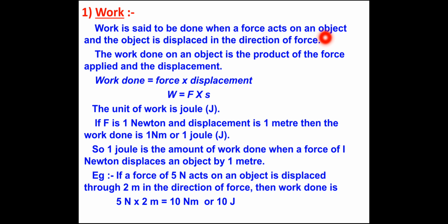Suppose you kick a ball, then force is applied on the object. Now the object is displaced, means after kicking, the ball changes its place, it moves from one place to another place.